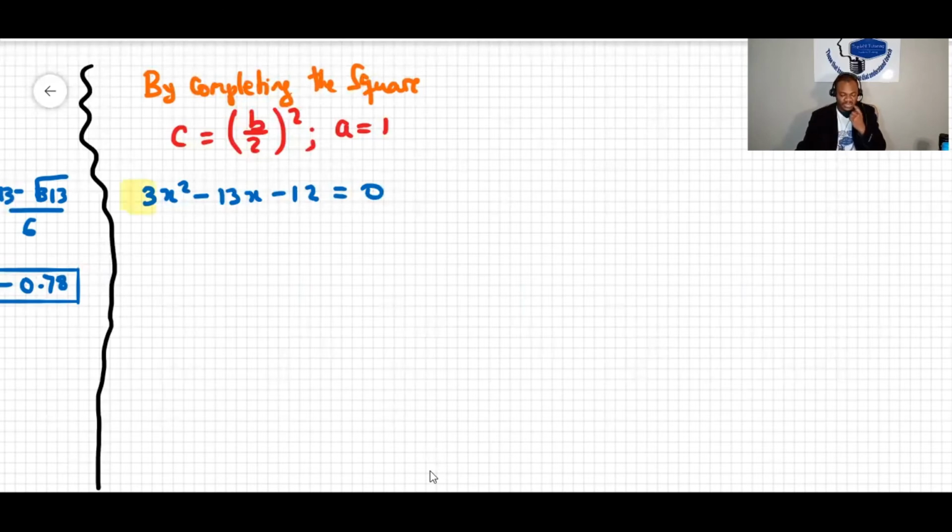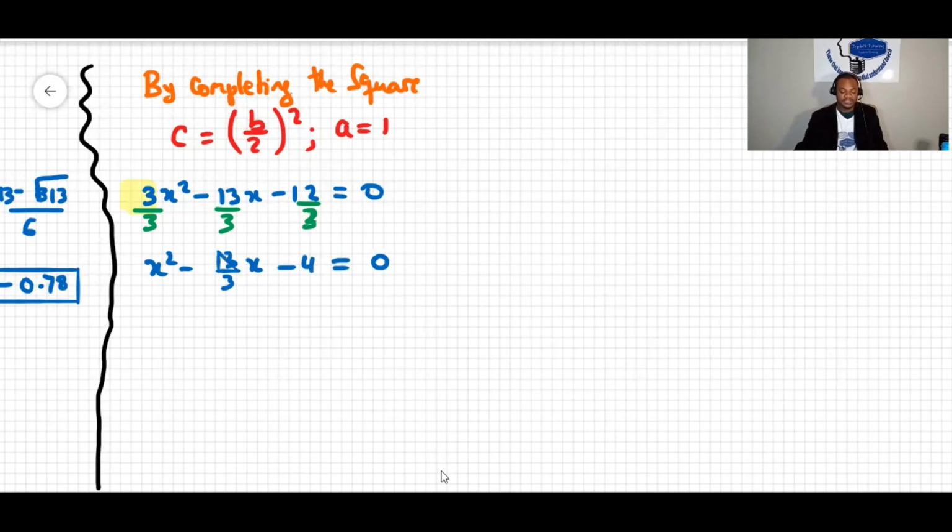What can we do then in this situation? We must make it 1 by dividing the whole equation by 3. This is what you get: x squared minus 13 over 3 x minus 4 equal to 0.